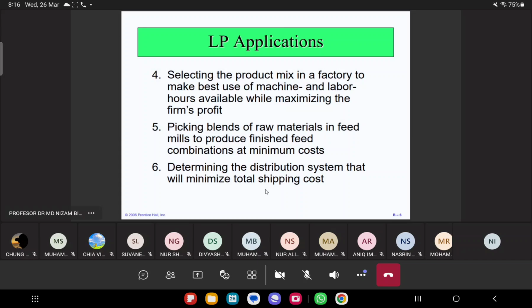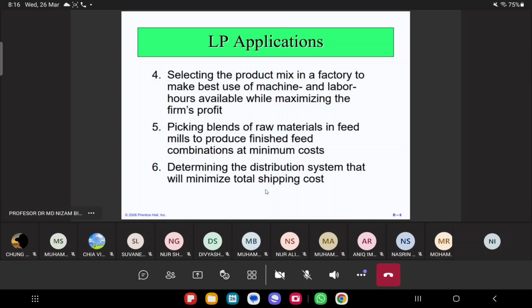So inside that animal food, basically it consists of many ingredients. Sometimes corn, they mix it with wheat, mix it with rice, and so on, such that the animal feed will contain a certain percentage of protein, carbohydrate, and so on, right?